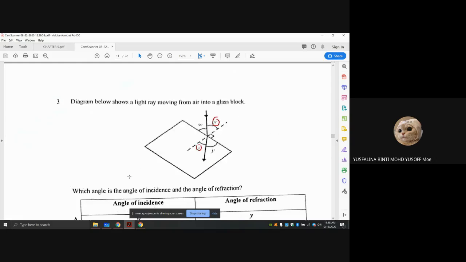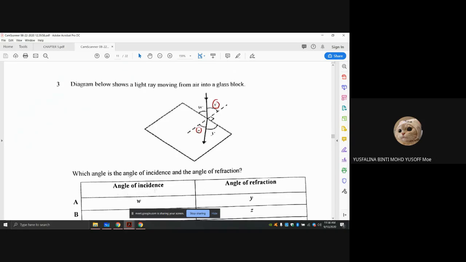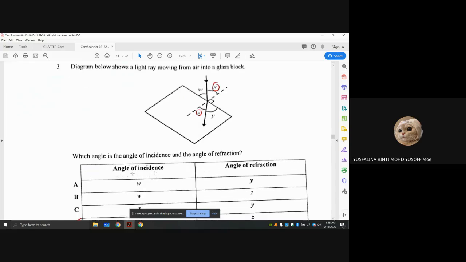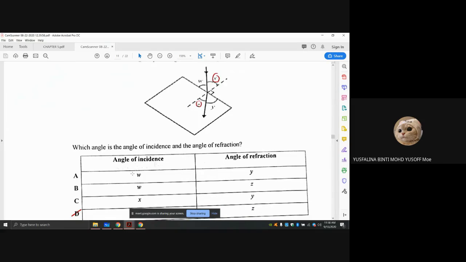Alright, the next one is diagram 3, which shows a light ray moving from air into the glass block. They ask you to determine which one is the angle of incidence and which one is the angle of refraction.